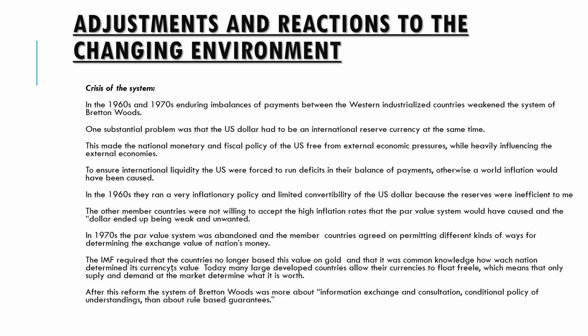This made the national monetary and fiscal policy of the US free from extent of economic pressures. In the 60s, they ran an inflationary policy and limited convertibility of US dollars because the reserves were insufficient to meet expectations. In the 70s, the countries agreed on permitting different ways to determine the exchange value of nations' money.